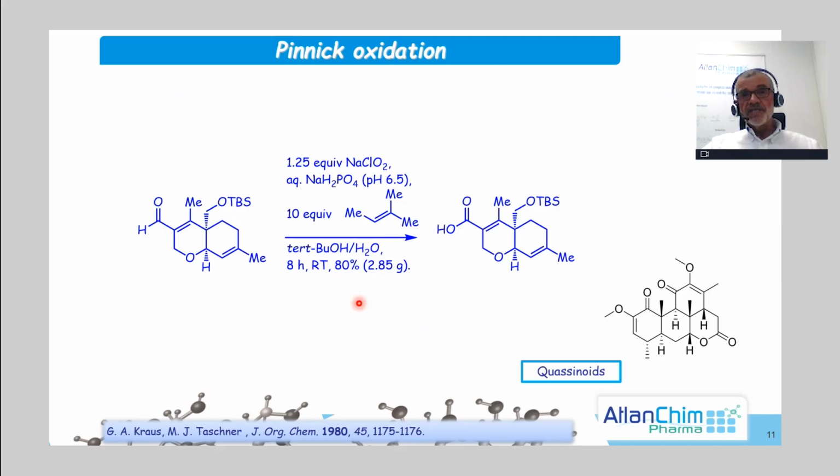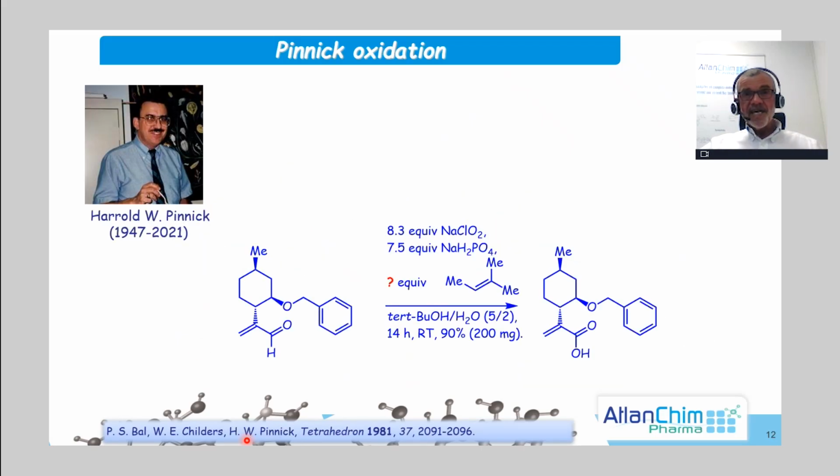As you can see from this slide, this alpha-beta unsaturated aldehyde was efficiently oxidized to this carboxylic acid in good yield on a scale of nearly 3 grams.